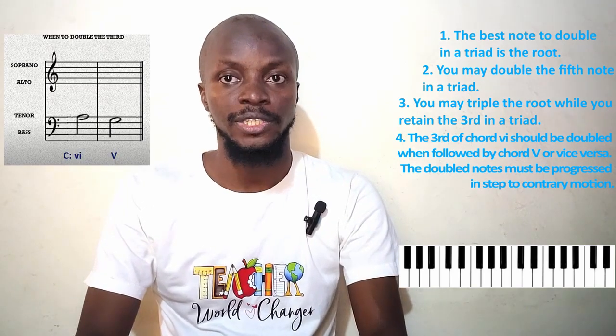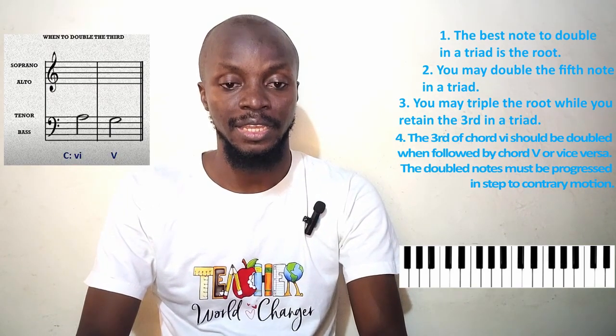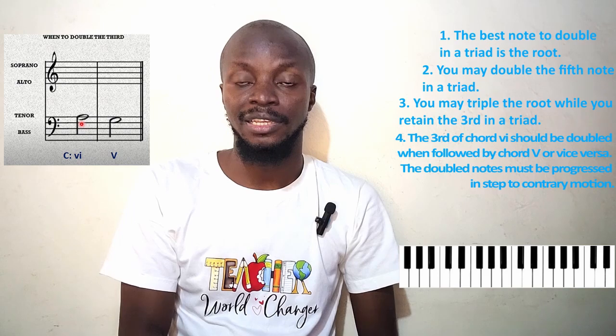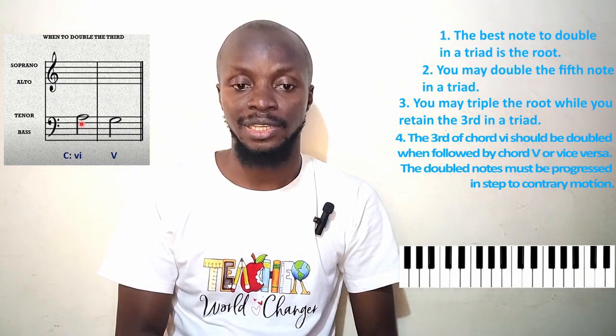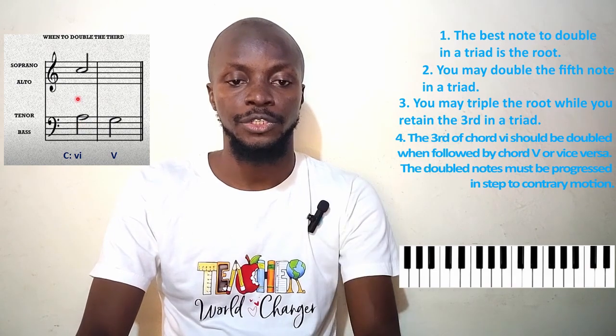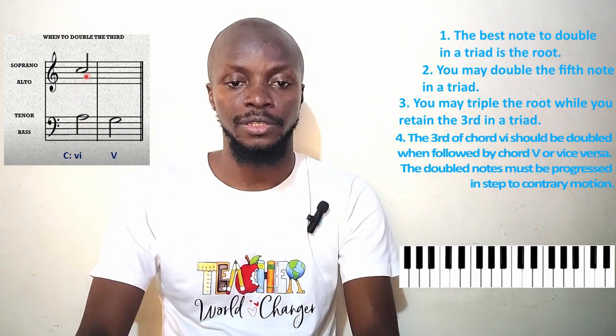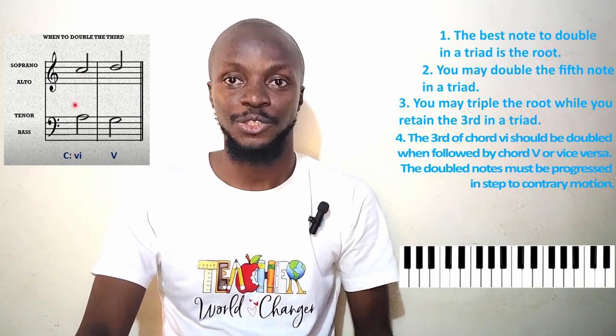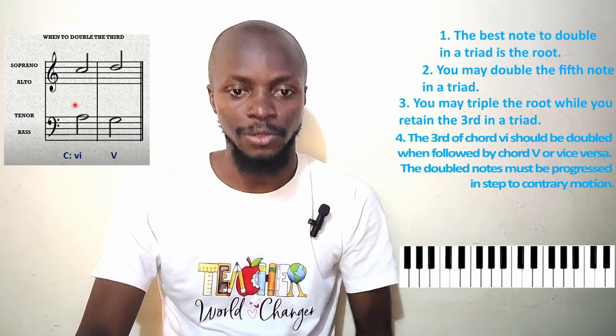Now, you see what I mean? The third of chord 6, which is C in this chord. So the chord is A, C, E, and the C is the third. In this case, C features in soprano here. So it goes up, which means the second C should come down. Let's see how it goes.